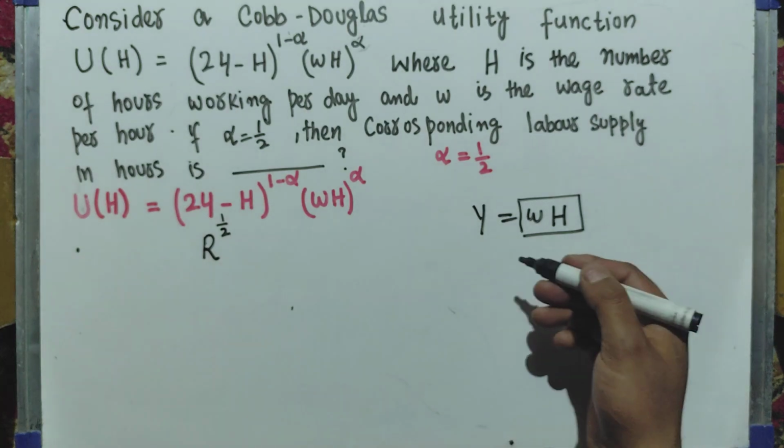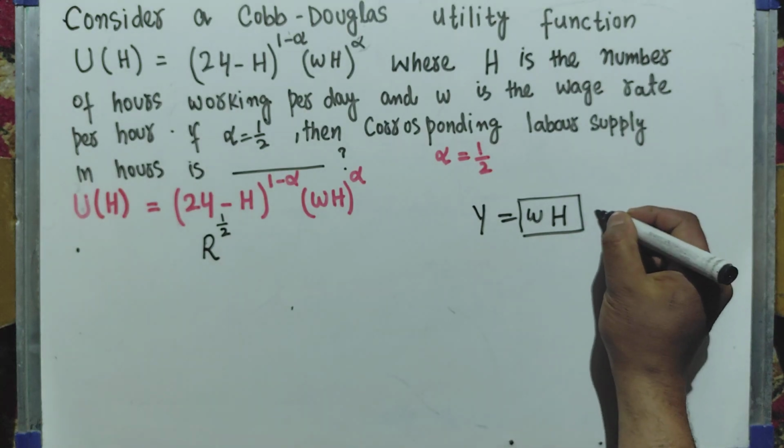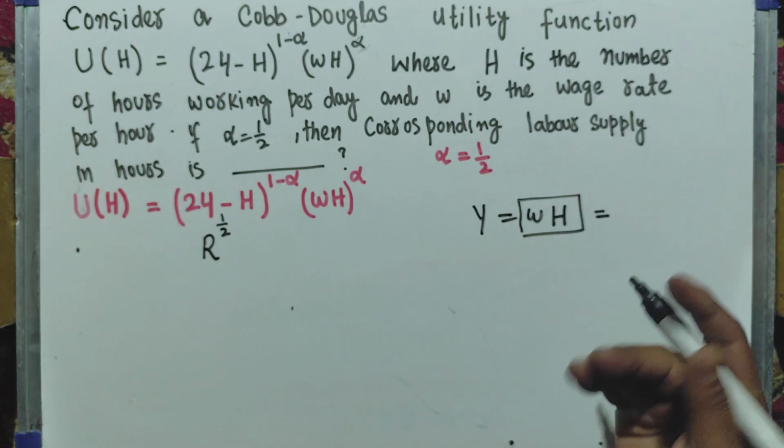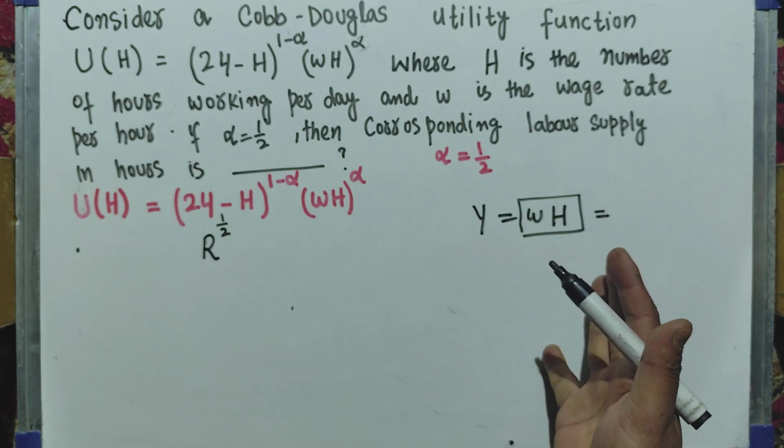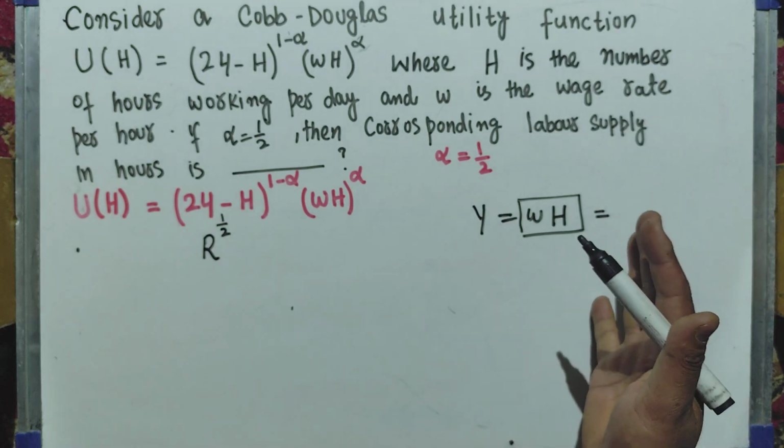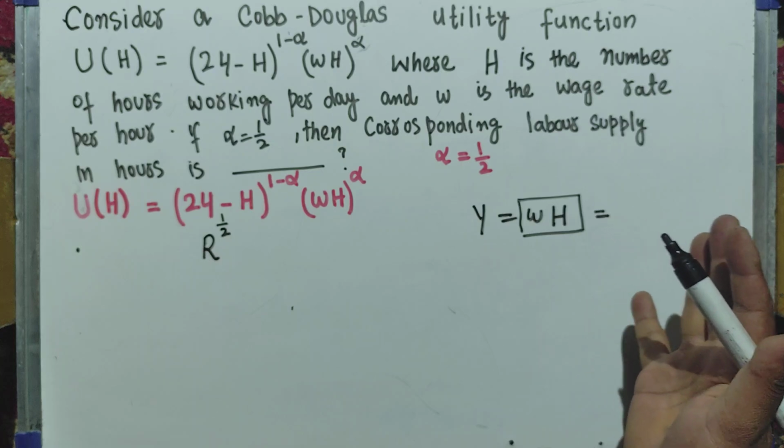That should be equal to the total consumption of the consumer. Here we don't have any non-labor income, so total income should be equal to total consumption spending.